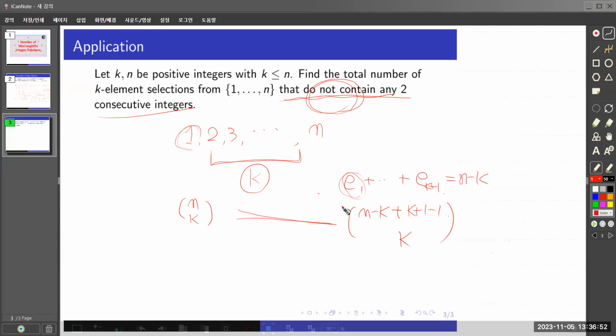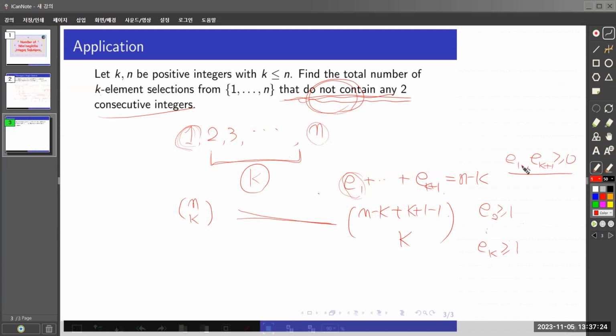But if you choose 1, then the next one cannot be 2 because of the restriction. So e sub 2 is greater than or equal to 1, and similarly up to e sub k is also greater than or equal to 1, right?